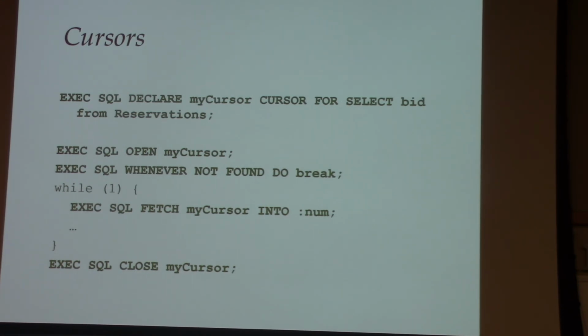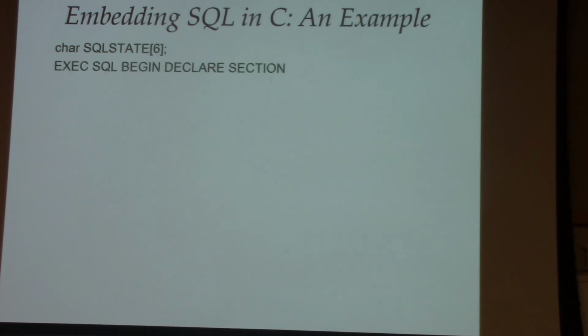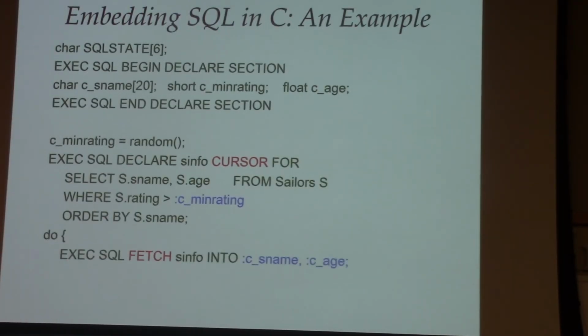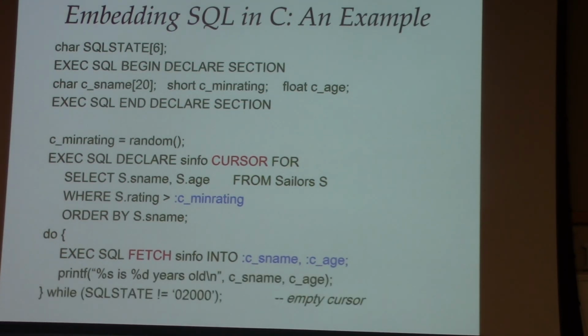So it doesn't look convenient. Yes, it is true. It's not convenient. Because of that, nowadays, the library component-based approach is used a lot. So this is another example of embedded SQL with the cursor.